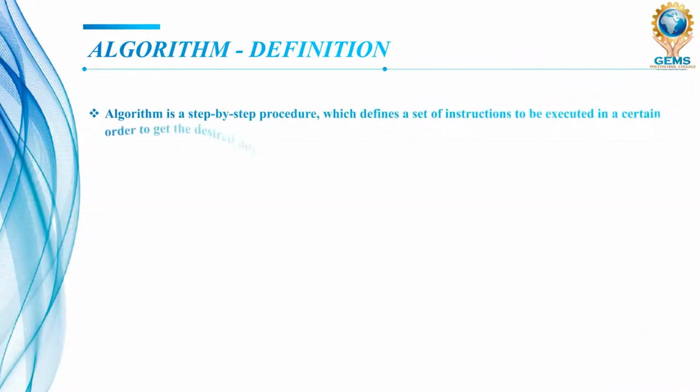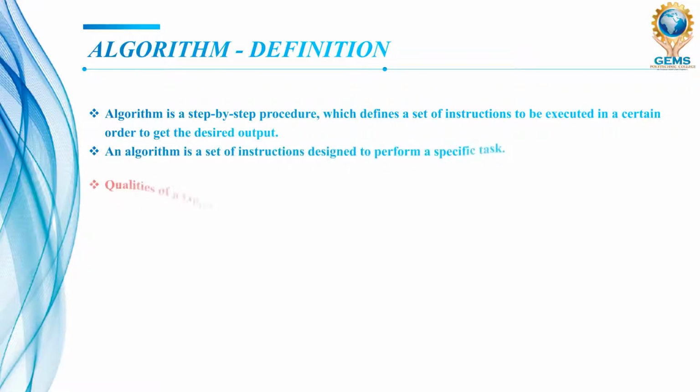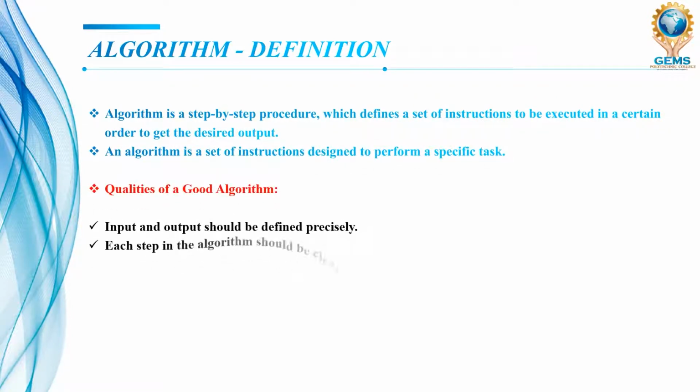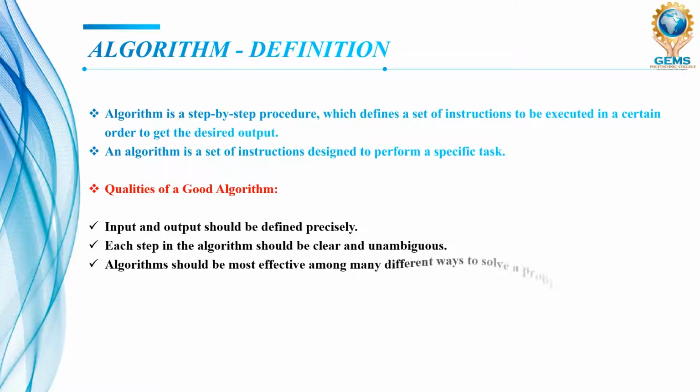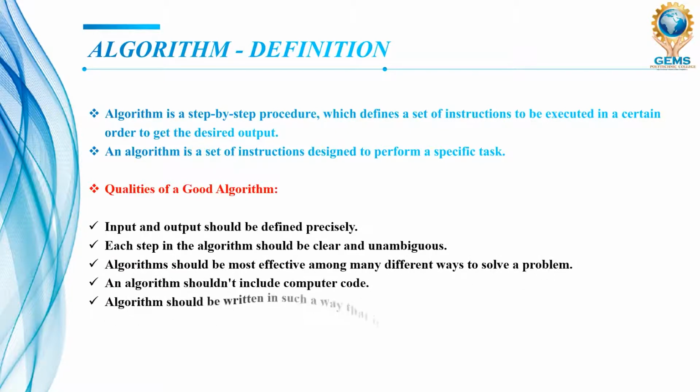Now we will see the concept of algorithm here, and we will also see the qualities of a good algorithm. So dear students, I am asking one question: what do you mean by algorithm? In previous video I already explained the concept of algorithm and flowchart clearly, but for revision I have taken this content again.